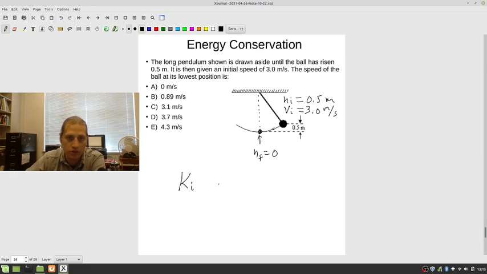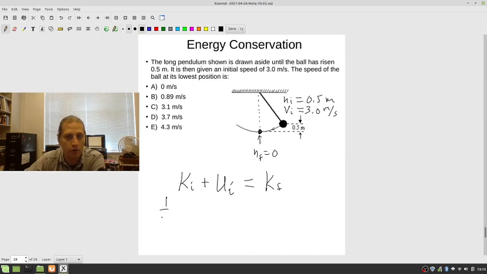So initial kinetic energy plus initial gravitational energy equals, at the end, just the kinetic energy of the final. This is at a height of, by convention, 0, and so you don't have to worry about the gravitational potential at that point.